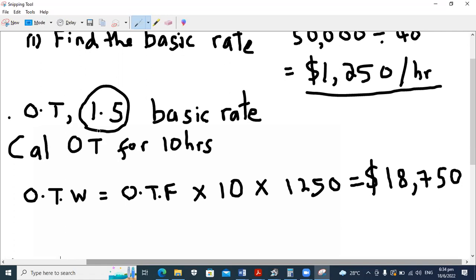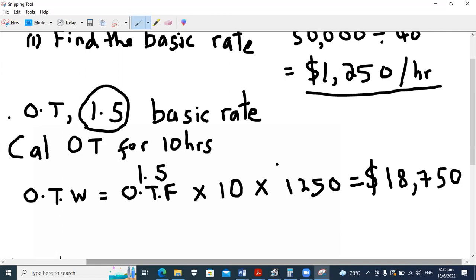Let us say you work 10 hours for the week. You multiply the overtime factor, 1.5, times the total number of hours worked, times the basic rate, which is 18,750.